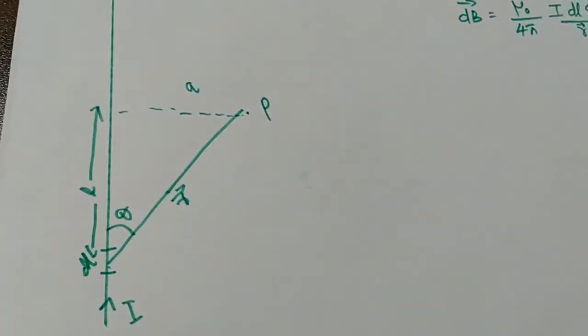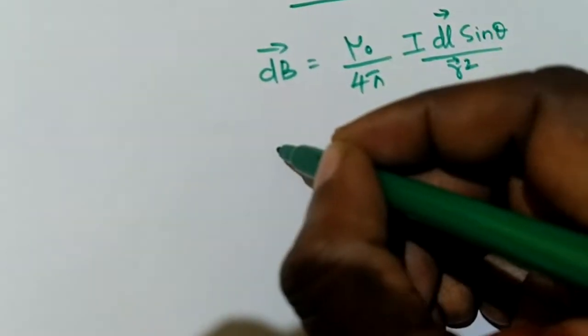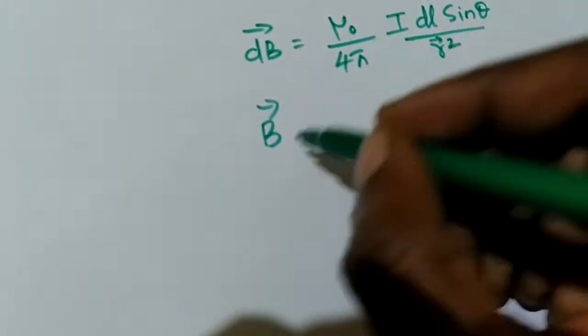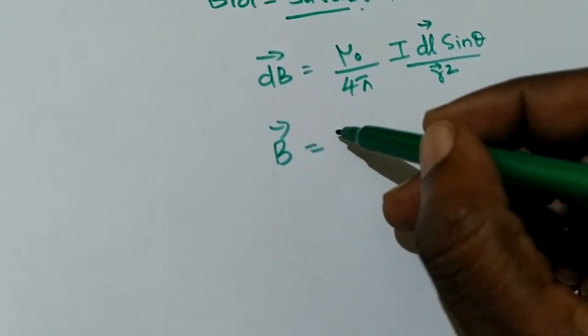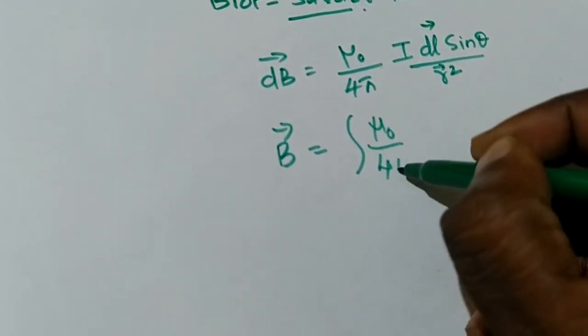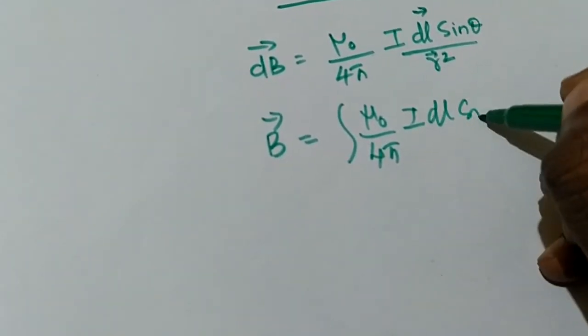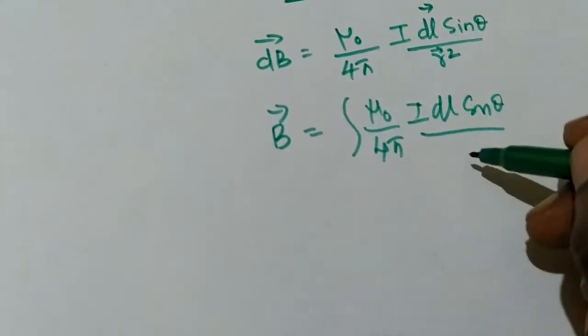So instead of that, we can integrate this equation. We can do B is equal to integral mu 0 by 4 pi I dl sine theta by r square.